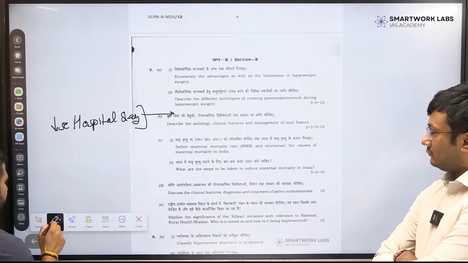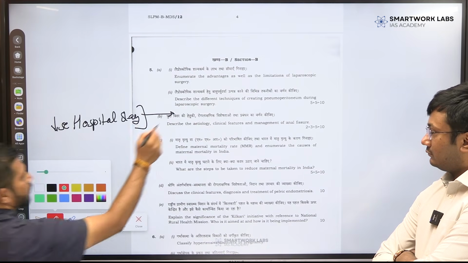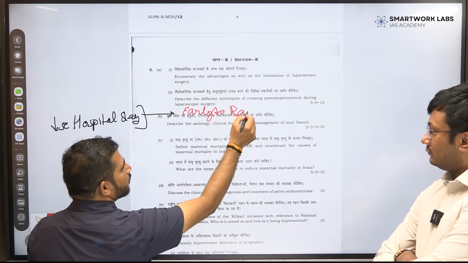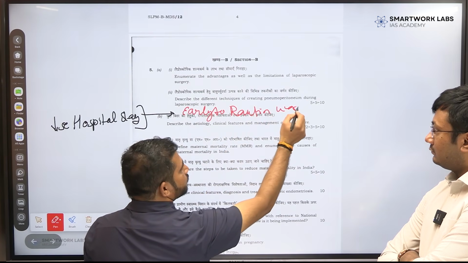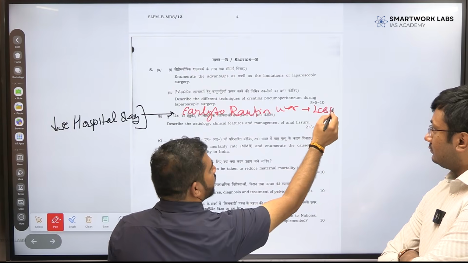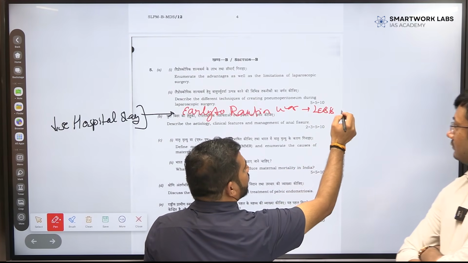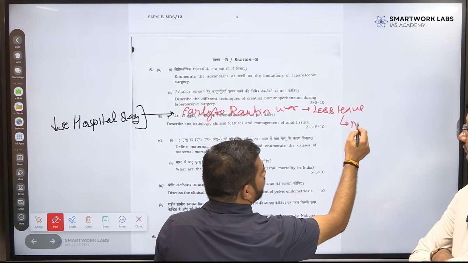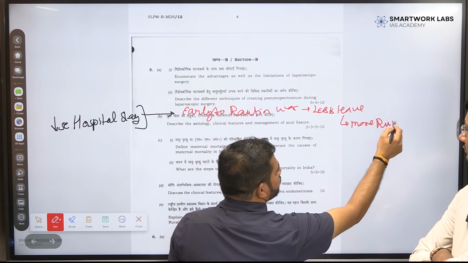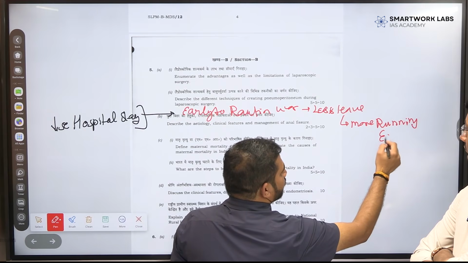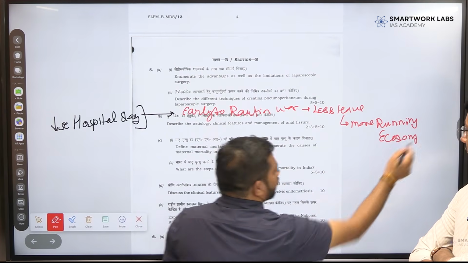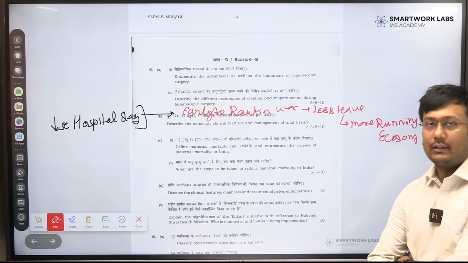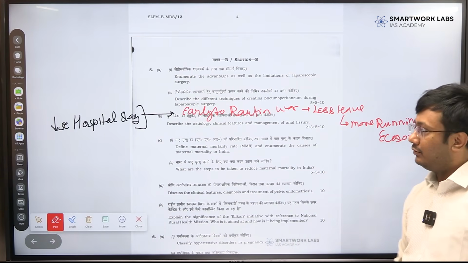If it is decrease hospital stay, so early to routine work, less leave, you can say that less leave, more running economy. Your personal economic loss as well as economic loss at the broader level will be less. This is the point that can be linked from the economic point of view.